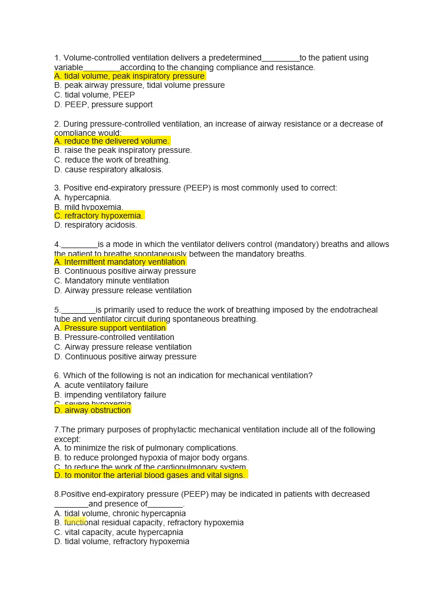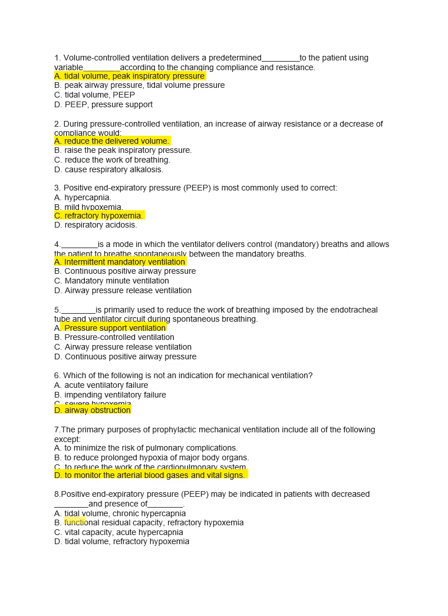Coming to the sixth question. Which of the following is not an indication for mechanical ventilation? The options are acute ventilatory failure, impending ventilatory failure, severe hypoxemia, and airway obstruction. So as you all know, acute ventilatory failure, impending ventilatory failure, and severe hypoxemia are indications for mechanical ventilation, and the answer is airway obstruction.